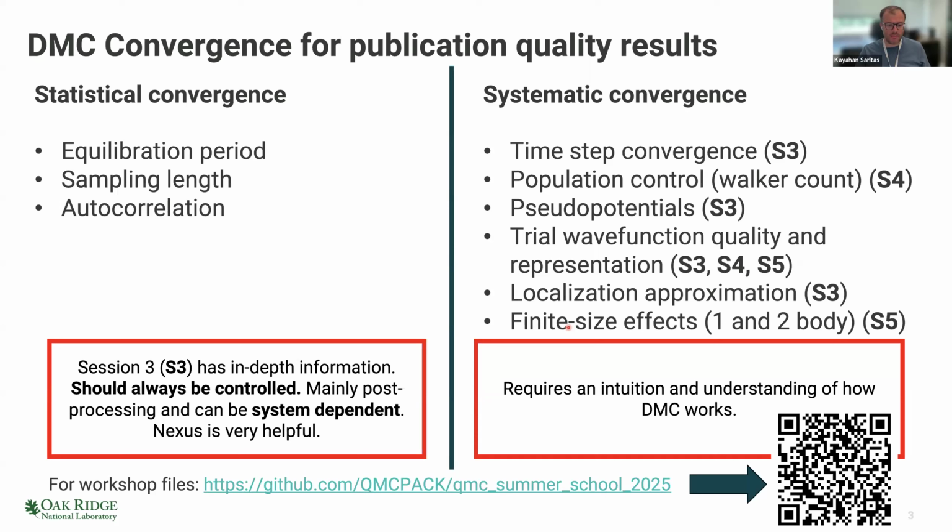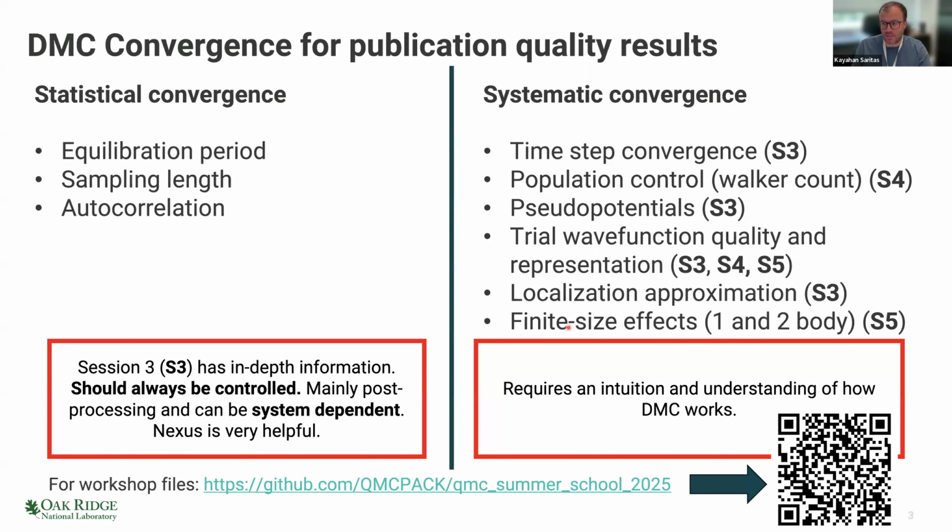It is also mainly post-processing and can sometimes be system dependent, but all the tools that you need are mainly developed within Nexus, as explained by Jaren. For the systematic convergence, there are several things, like the time step convergence, which has been discussed previously. Although I say session 3, I think it's been touched upon in almost every session.